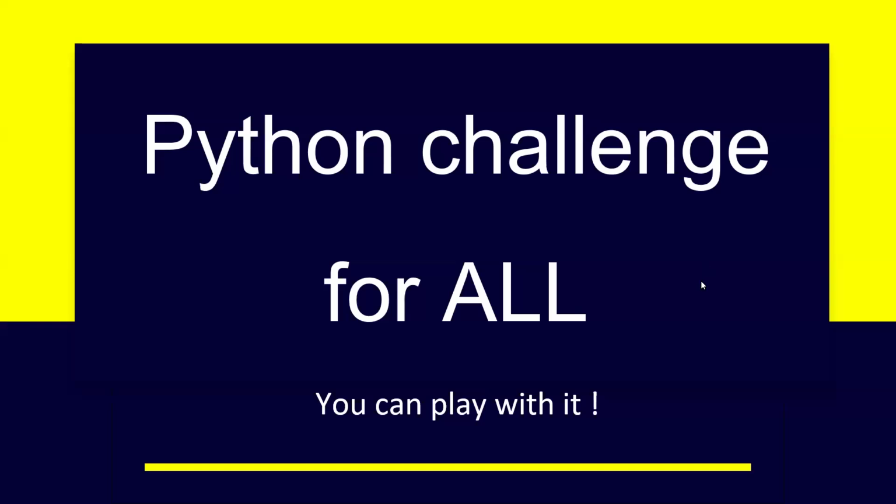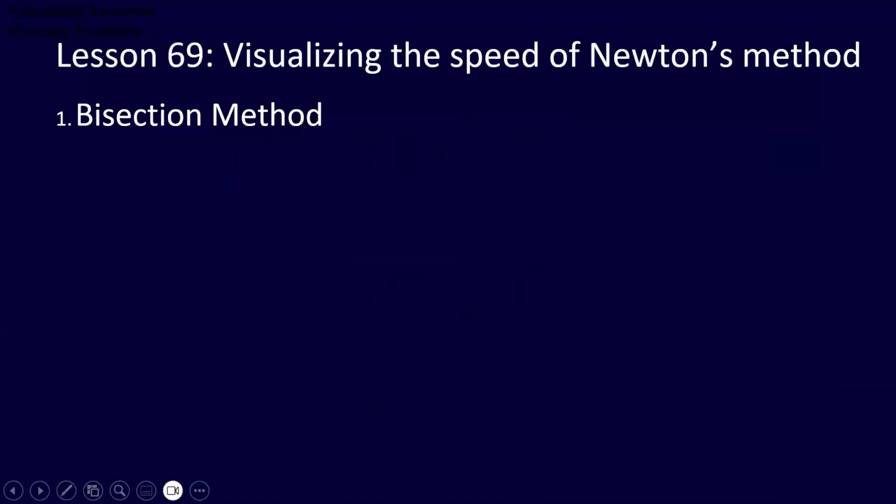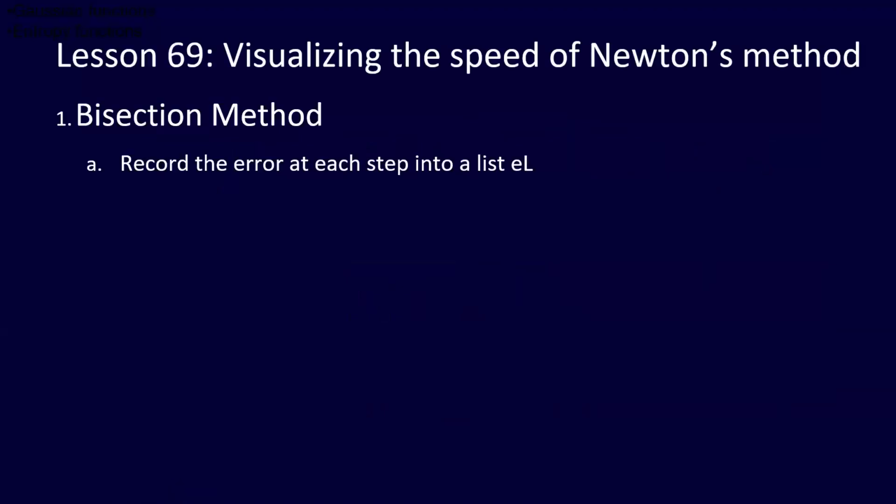Okay, so last time we solved a very simple equation to find the square root of 5, by solving x squared minus 5 equals 0 using two methods.